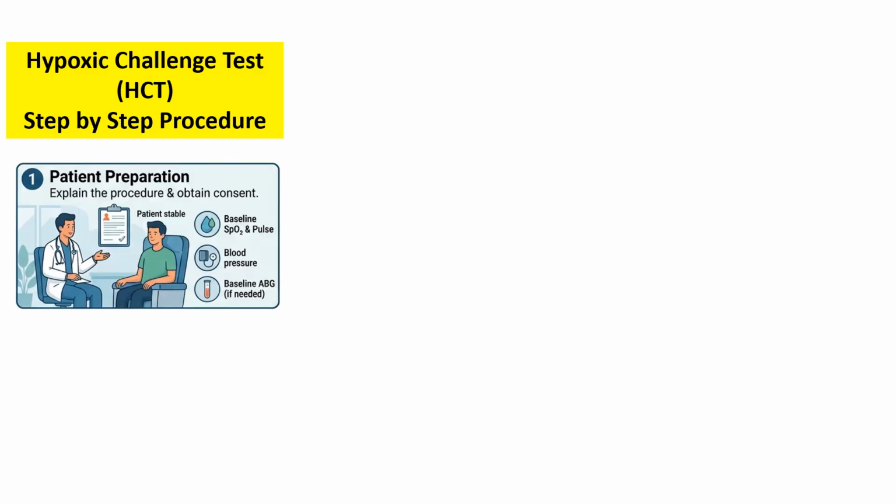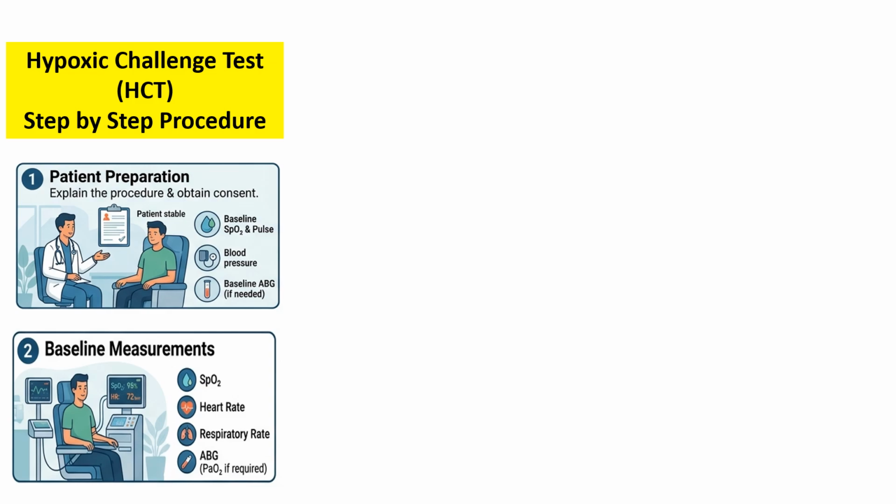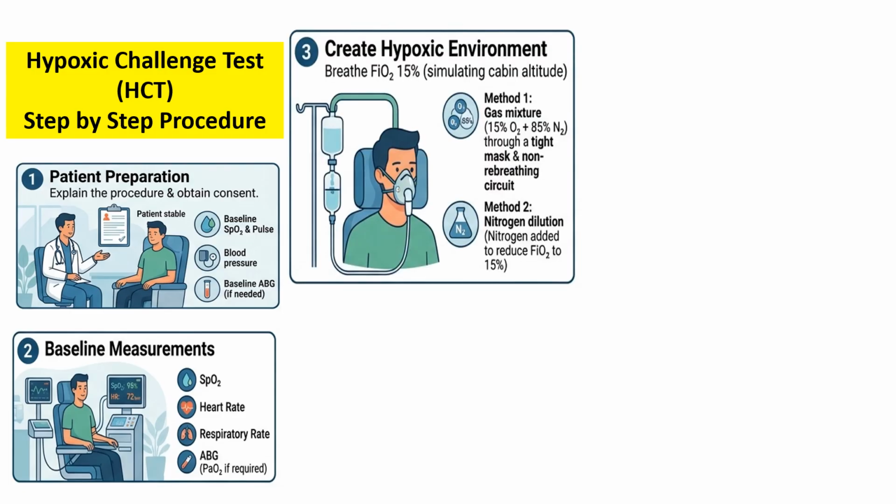For the hypoxic challenge test, we'll do the step-by-step procedure. Patient preparation is very important. Obtain written consent, and measure the baseline saturation, blood pressure, heart rate, respiratory rate, and baseline ABG. Everything should be measured at baseline. Then we'll create the hypoxic environment, as I told previously, in the clinic setup the same as in the airplane at 8,000 feet.